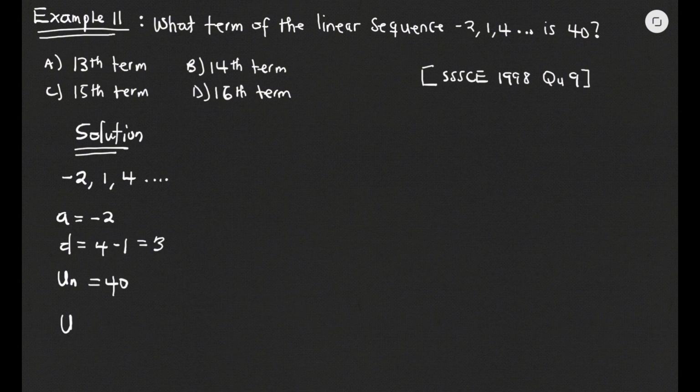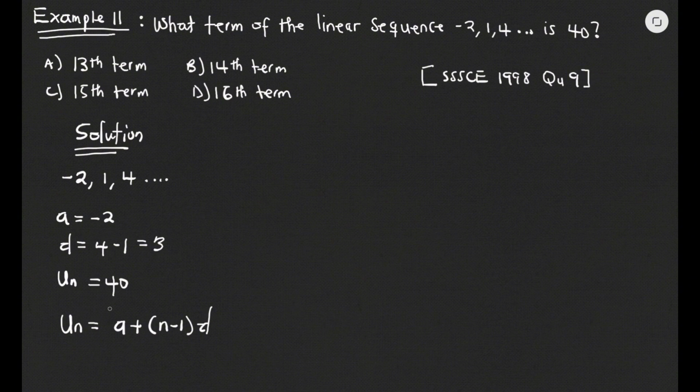Now remember, to find a particular term in a linear sequence, we use the formula Un is equal to a plus (n minus 1) multiplied by d, where a is the first term, which is the first number starting the sequence, and d is the difference between two consecutive terms. So for -2 and 1, the difference is 1 minus -2, and that will give us +3.